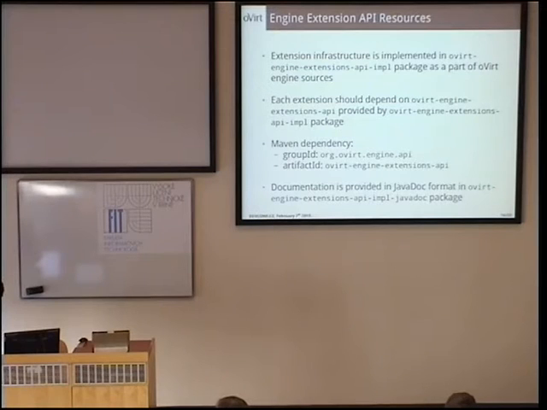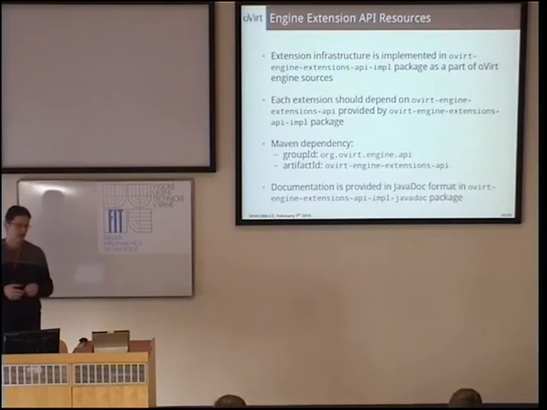If you want to create your new extensions and you are using Maven to build, you usually need to add this dependency to your code, and all this extensions API is documented using Javadoc format. So if you grab the code from oVirt and take a look at this Javadoc documentation, that should be everything needed for you to create a new extension.